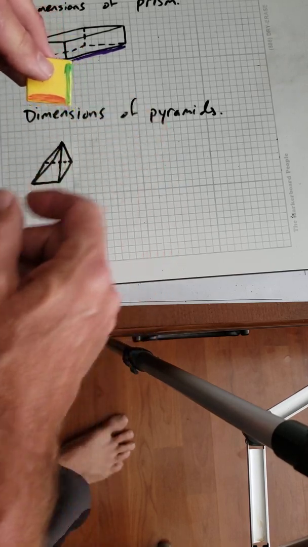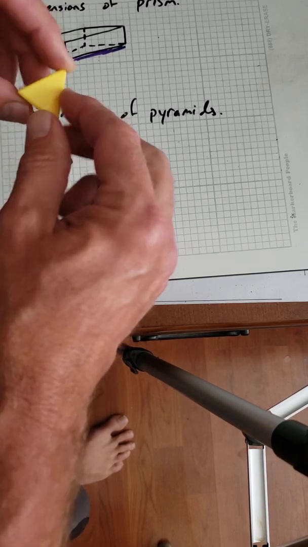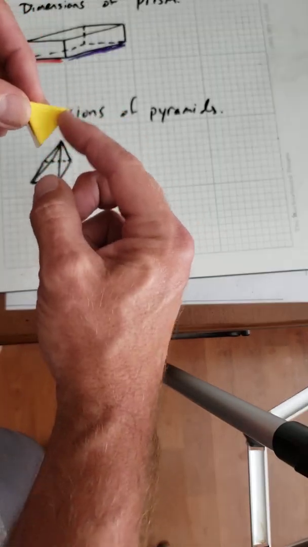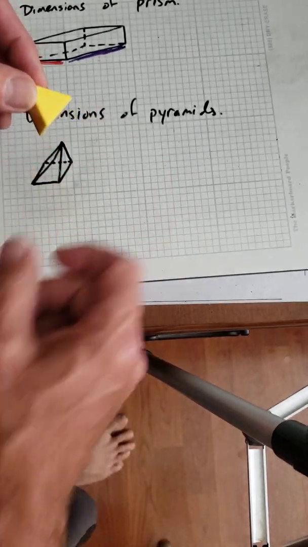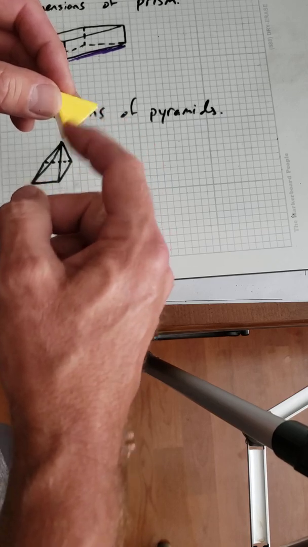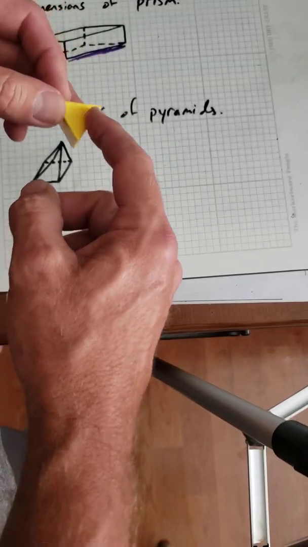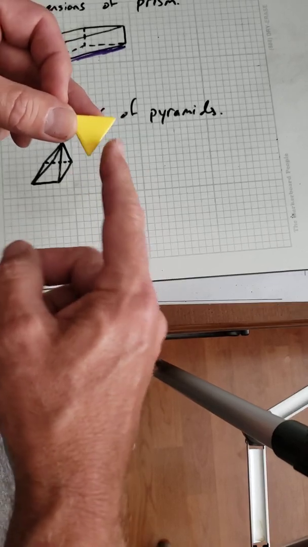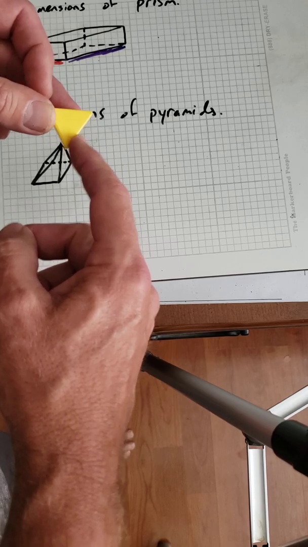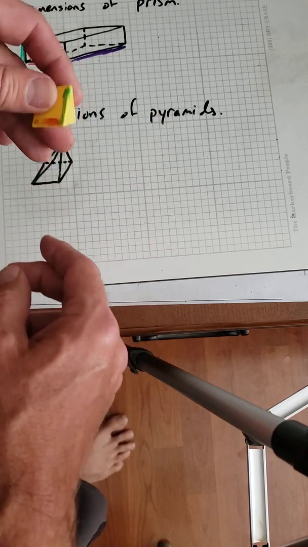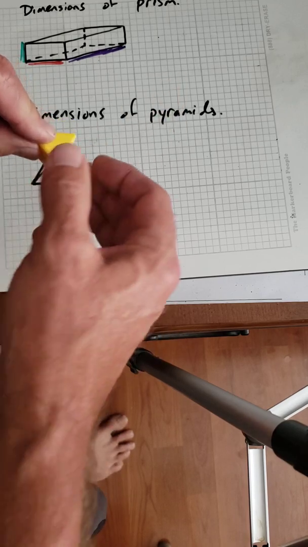So they go this edge, and then they're going to say that edge right there, from there to there. That is not a dimension of this shape at all. We don't use this. For any of our surface area calculations or our volume calculations, do we ever use this side right here? Okay, so that's a very common mistake that students make, because they think, oh, it's edge, edge, therefore edge. That's not correct, all right?